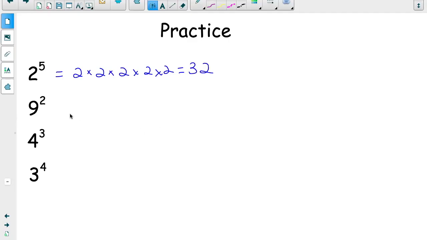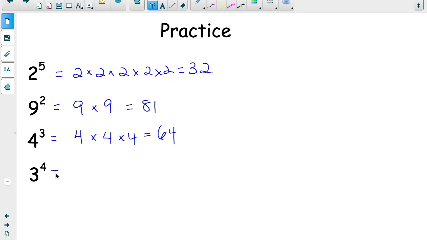This is 32. Here I've got 9 squared. All right, we've seen this guy already. So 9 squared, that's going to be 9 times 9, which is plain old 81. 4 cubed, or to the third power, is 4 times 4 times 4. And that's 4 times 4 is 16 times 4 is 64.